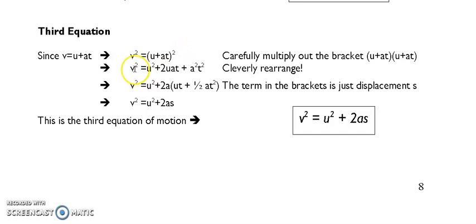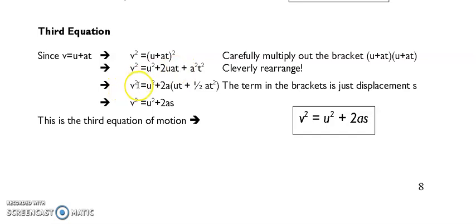The left-hand side is still v squared. And then to multiply out brackets, which you will have learned at National 5 Maths, you square the first term, so we get u squared. You square the second term, so we get a squared t squared. And then you add 2 times the product, which gives us this term here, 2uat.